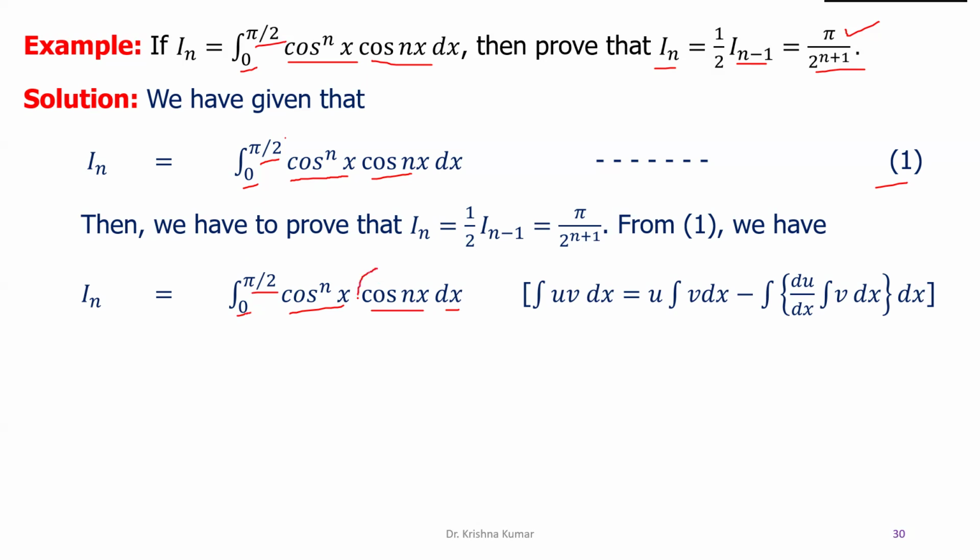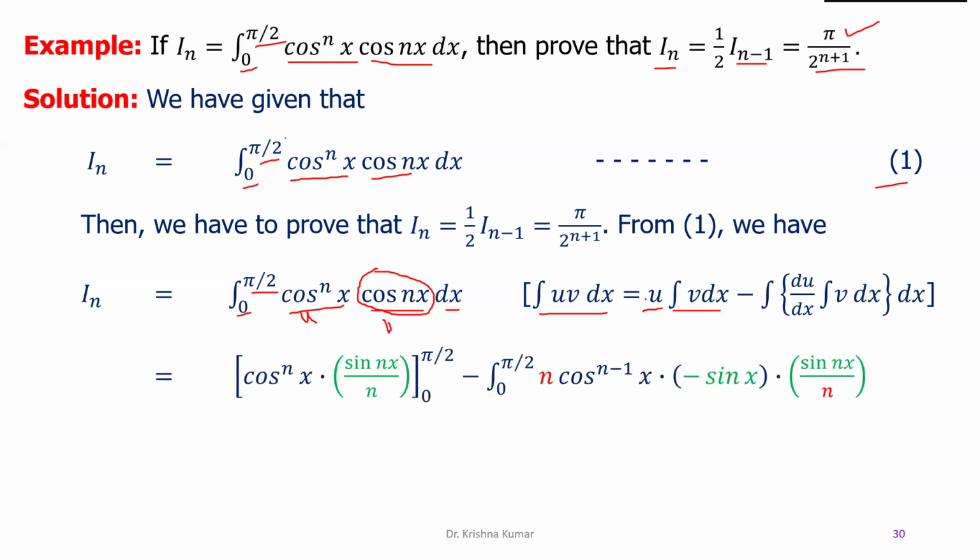Now we know what is the integration of cos nx, so we can directly use integration by parts, using the formula integration of u v with respect to x is equal to first function u into integration of v with respect to x, minus integration of derivative of u with respect to x into integration of v dx, whole integration with respect to x. So now cos^n x is u, and cos nx is v. If we apply the formula, the first function u is nothing but cos^n x.